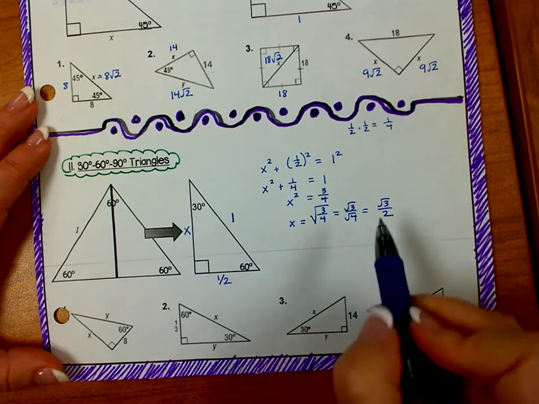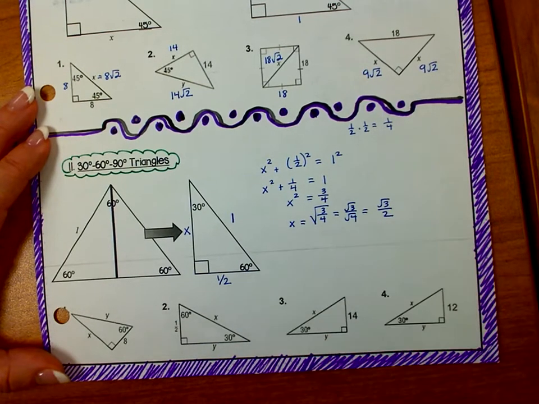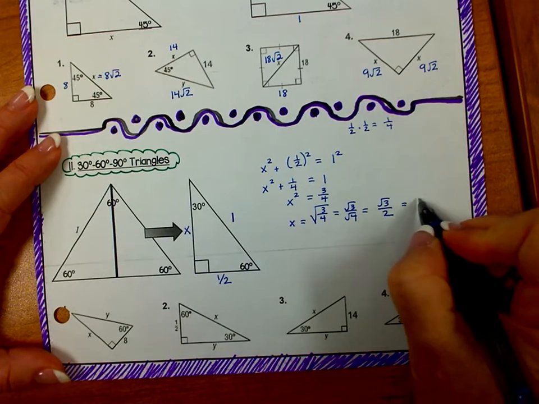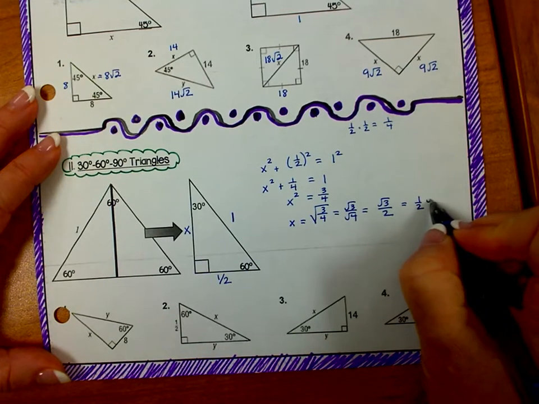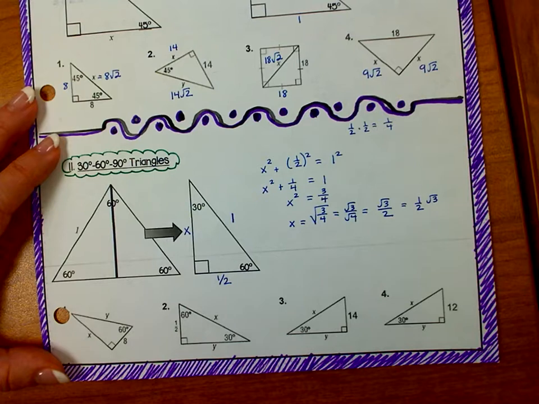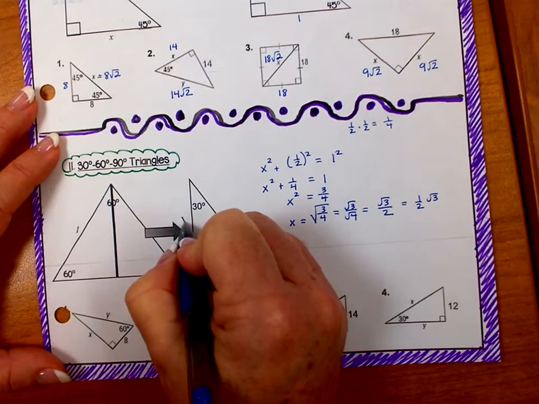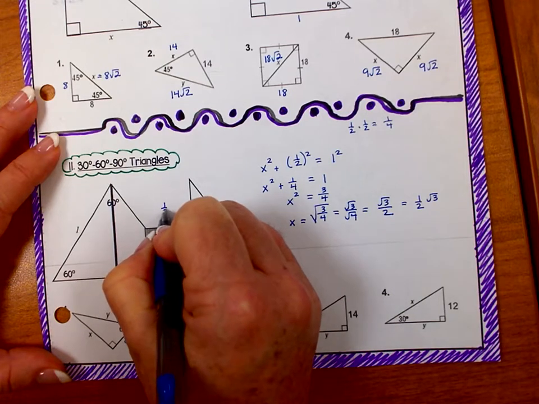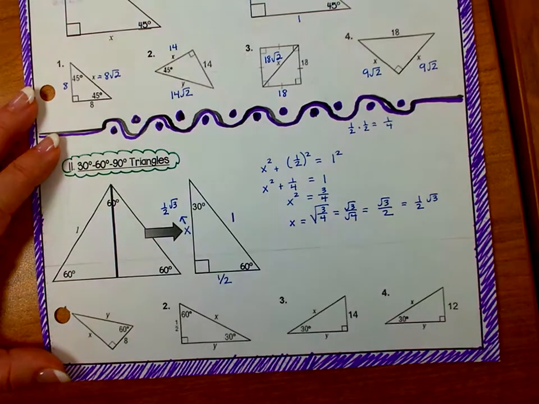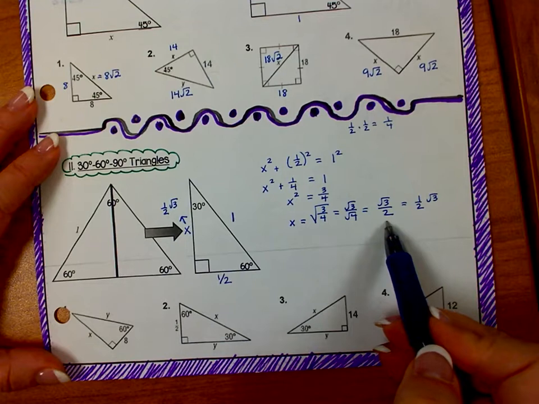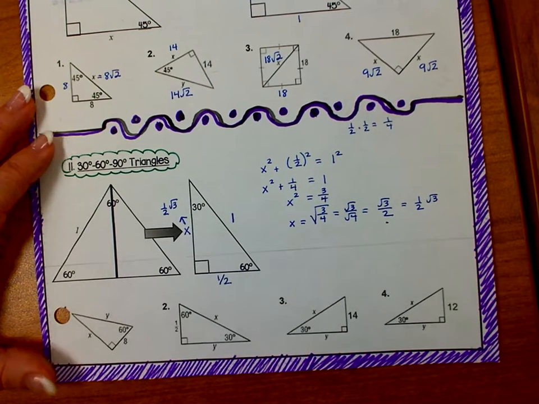Now, if we do a little fancy maneuvering here, this is the same as 1/2 times radical 3. Where did we have 1/2? We had 1/2 right here. So this x is the same as 1/2 radical 3, which we go ahead and write like this, radical 3 over 2, because we simplify this.